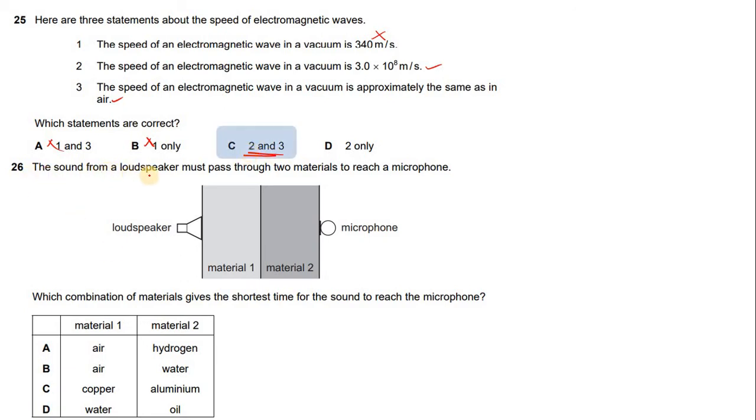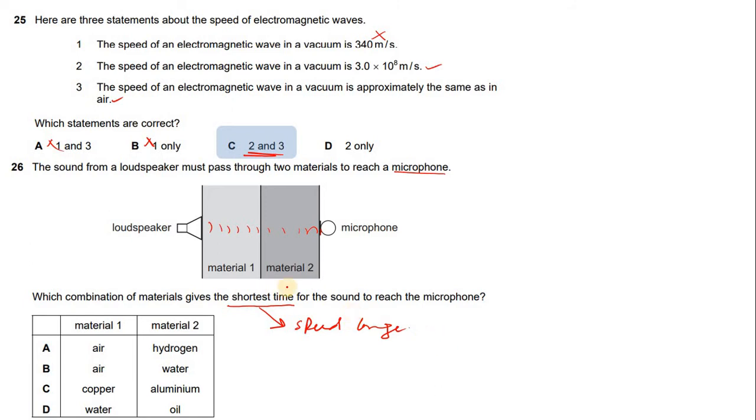The sound from a loudspeaker must pass through two materials to reach the microphone. Which combination of materials gives the shortest time for the sound to reach the microphone? Shortest time means the wave must be moving faster, so the speed must be large.